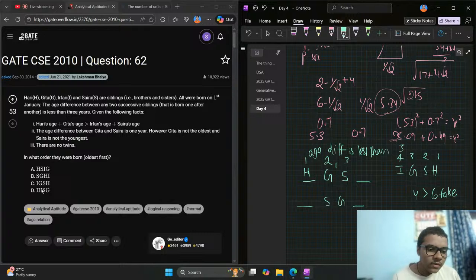So Syria is not youngest. Okay. If we do Syria, Geeta, Hari plus Geeta, that is 6, is greater than Irfan plus Syria, that is 5, that is true.